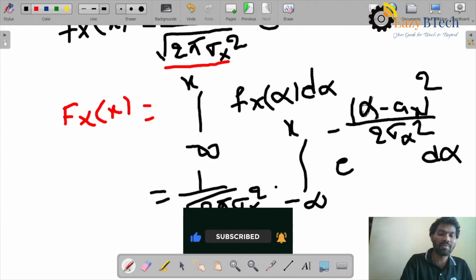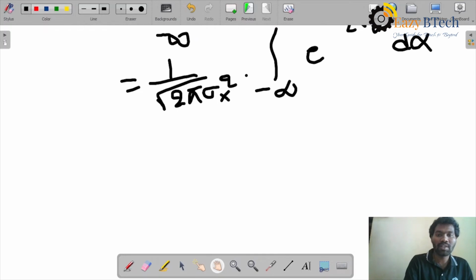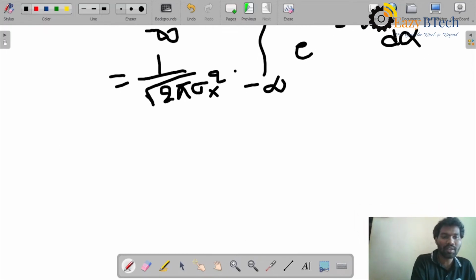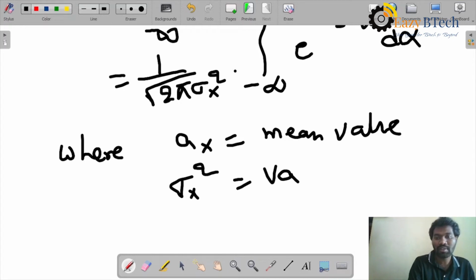Now there are some unknowns in this Gaussian random variable. What are they? Here, ax is called the mean value of the Gaussian random variable, and sigma x square is called the variance.